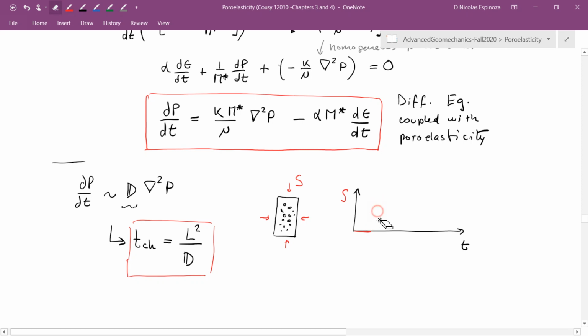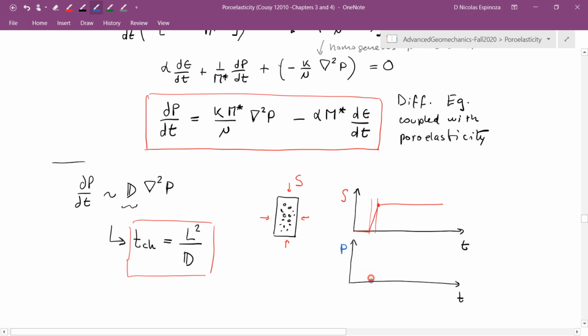Let's not do it a step. Let's do it a little bit different than the step, but it's quick enough that it doesn't let the system relax. Then this characteristic time is going to tell me more or less what is the variation of pressure as a function of time.